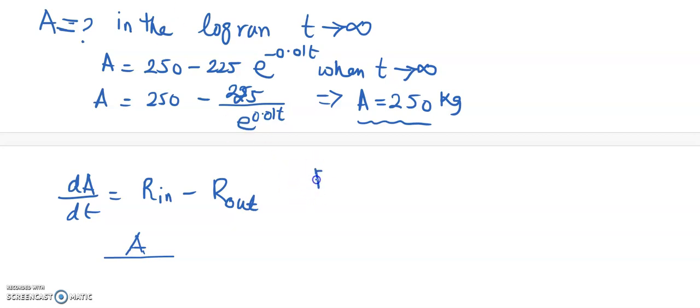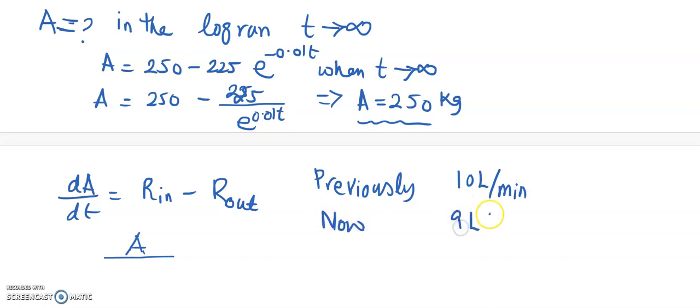So for example, previously it was 10 liter per minute, but now it is 9 liter per minute. So what's happening is that the inlet is the same, and this is the outlet.